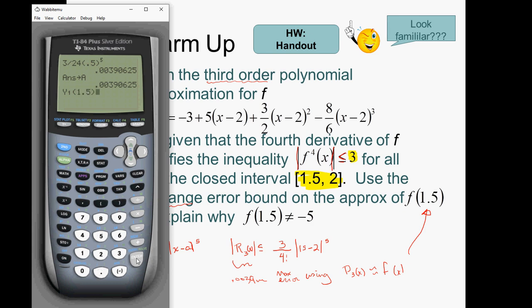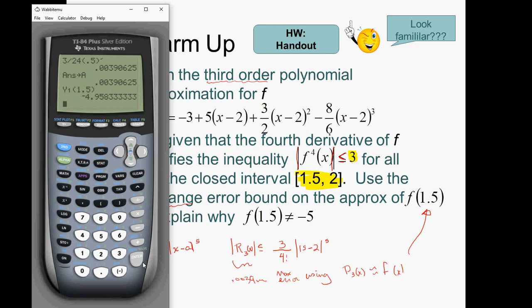So using the third order polynomial, that is what I approximate? That's darn close to -5. How can I use the error bound to show that f, the actual function at 1.5, cannot equal -5? What's going on?